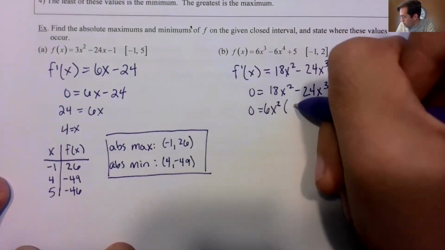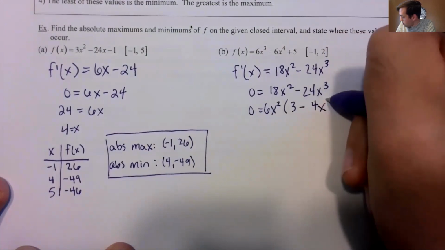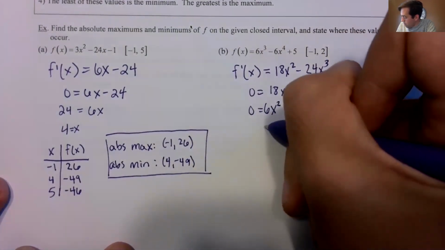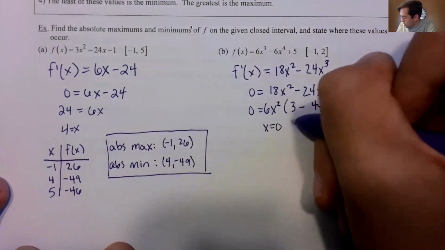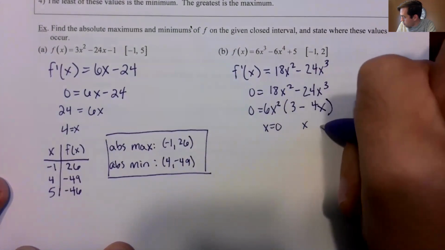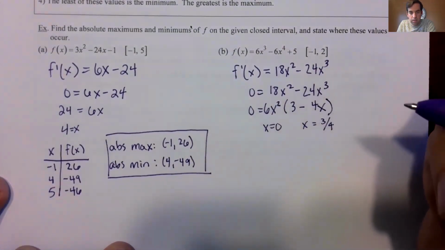So we're left with 3 minus 4x. So we have the critical numbers of 0 and negative 3 divided by negative 4 is 3/4, because we can set each of those factors equal to 0 and solve for x.